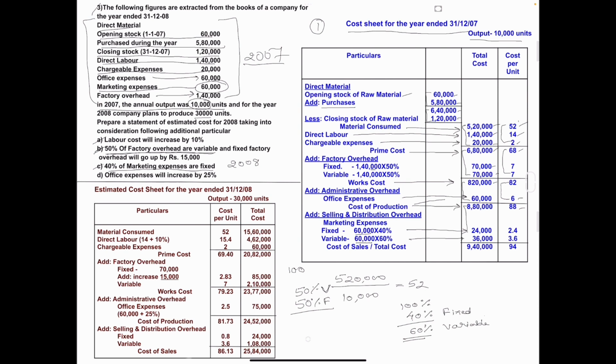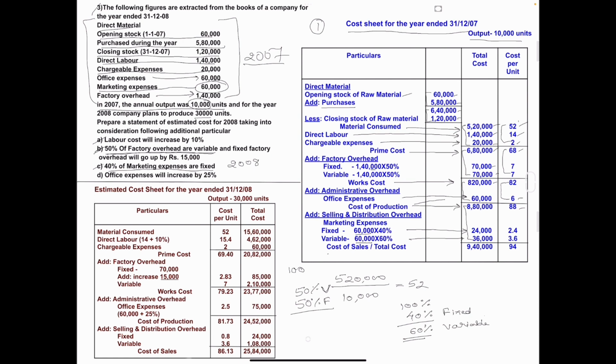Add these three amounts. 8,80,000 plus 24,000 plus 36,000. Total is 9,40,000. And here 88 plus 2.4 plus 3.6, 94.